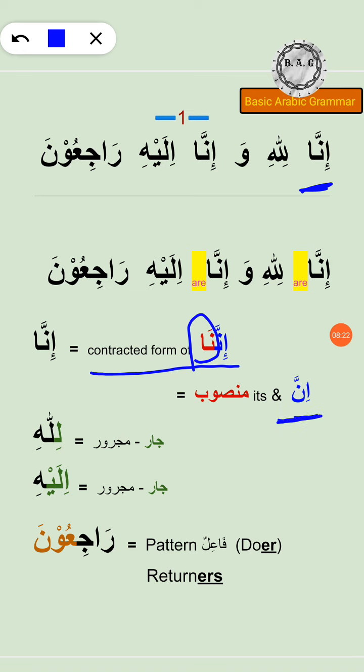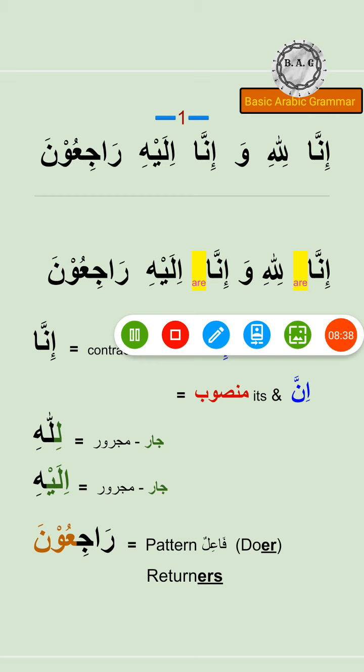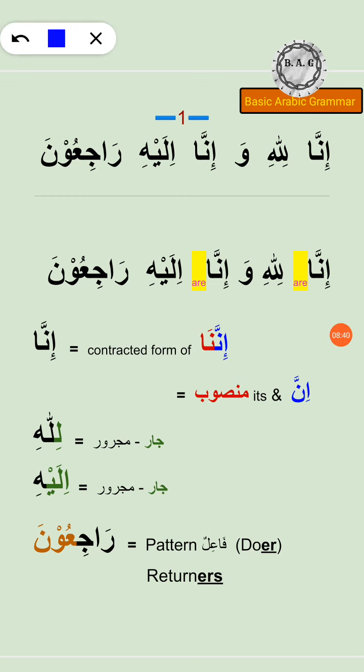What's next? Lillahi. Now this word Allah is in jar form. Why is it jar? We have studied one condition when an ism is in jar form, and that is being preceded with a harf jar. So it is actually your jar majroor fragment. Lillahi. Wa inna, we did inna already.